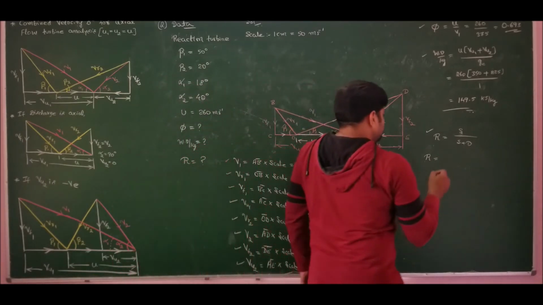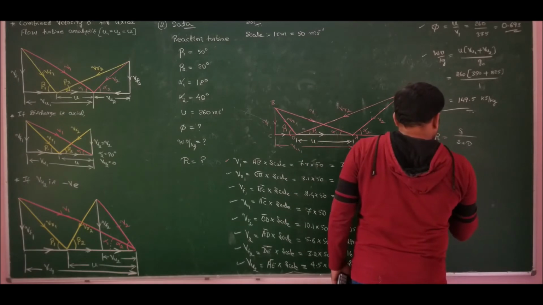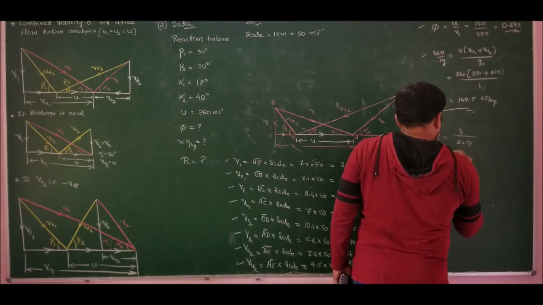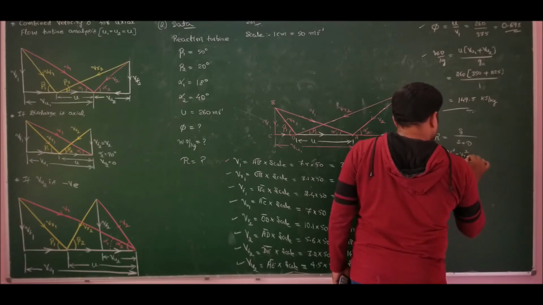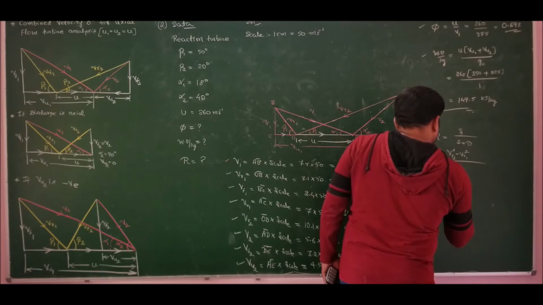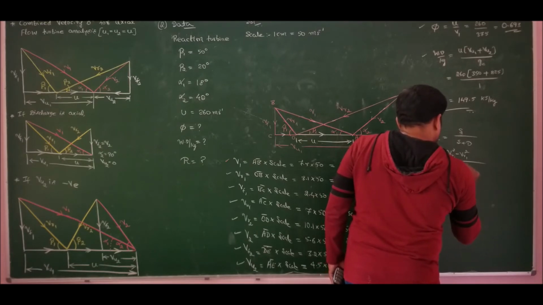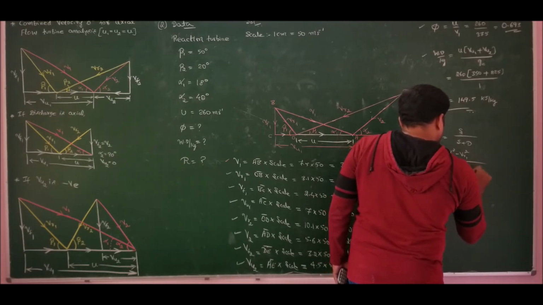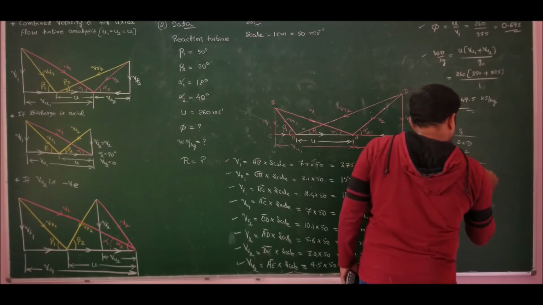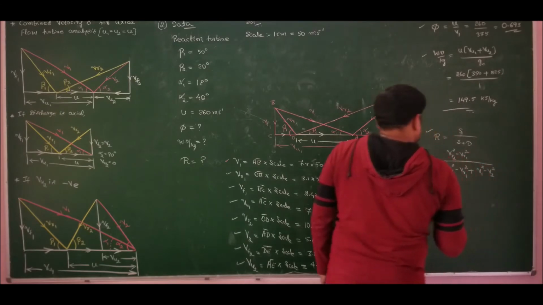So therefore, we have the relative kinetic energy component in the static component of energy transfer, which is VR2 square minus VR1 square divided by 2GC. Again, we have static component VR2 square minus VR1 square plus dynamic component V1 square minus V2 square.